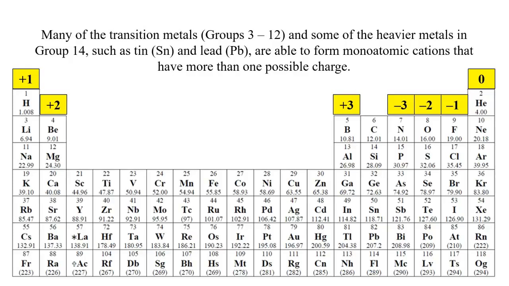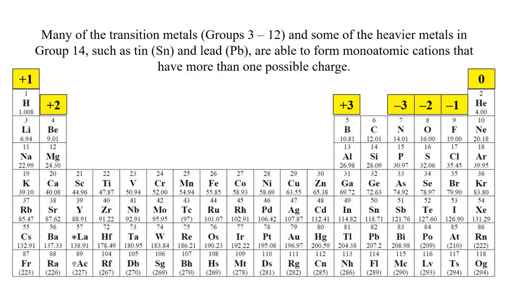And then something else I would like to mention before I look at the details of calcium and chlorine is that many of the transition metals located in groups 3 through 12 and some of the heavier metals in group 14, such as tin and lead, these metals are able to form monoatomic cations that have more than one possible charge.